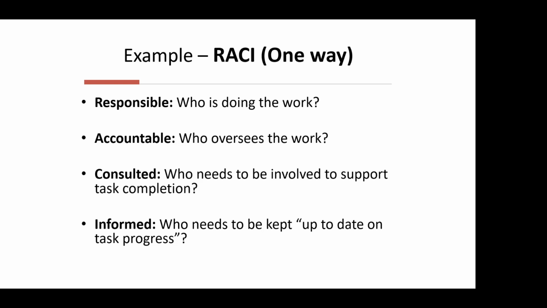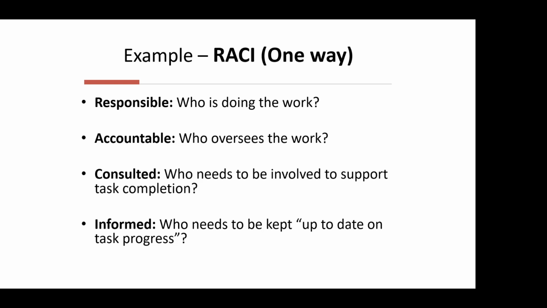But the next one, the C, consulted, is who needs to be involved to support task completion. So as we're talking really generally about a lot of things here, if you're going over a product launch or an event or something like that, you need to consult quite a few people: your suppliers, your shippers, and all of that.